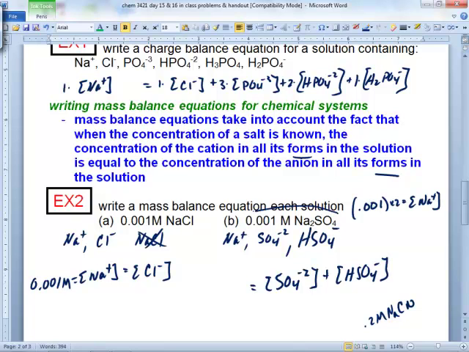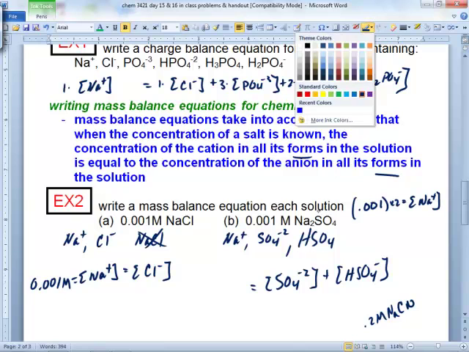Now look at this. Sulfate in all of its forms has to equal what? 0.001. Why isn't it 0.001 times 2? We only have one of them. It would really be nice if we wrote parentheses around every single polyatomic ion whenever we saw it, but we don't.